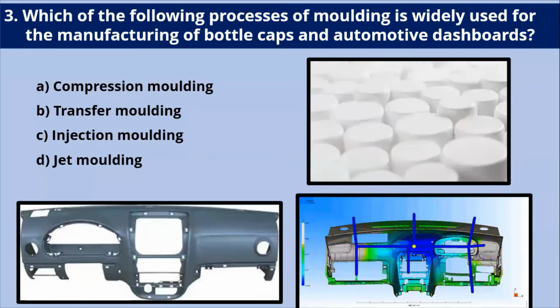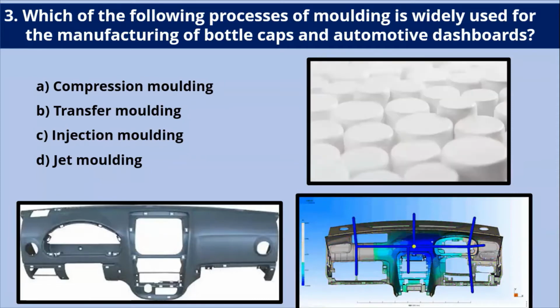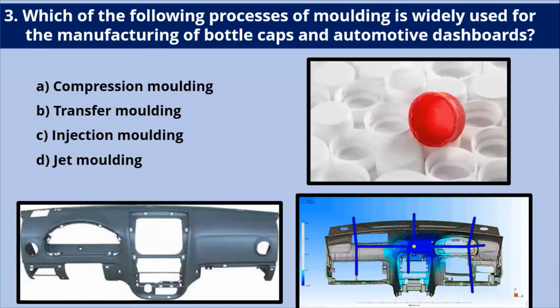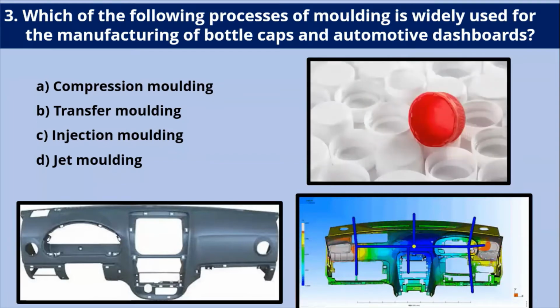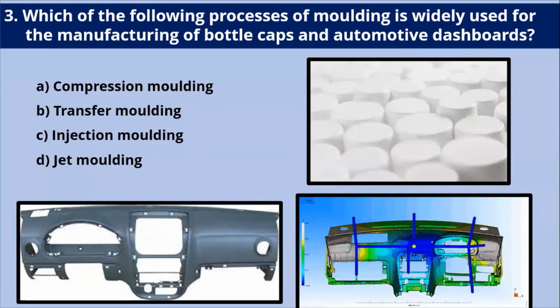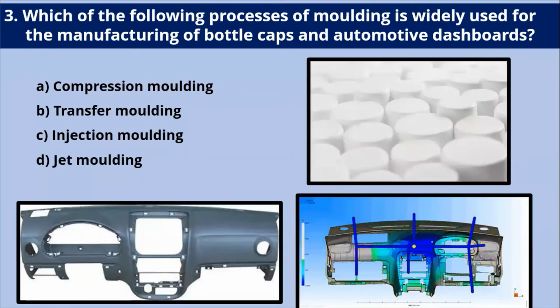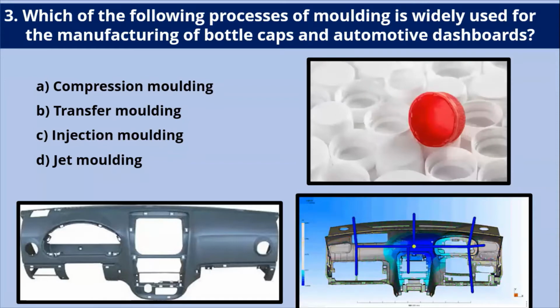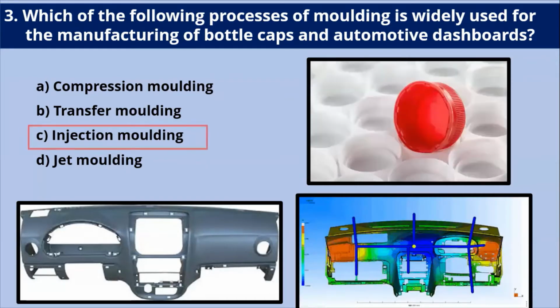In this process, the material is fed into a barrel of high temperature. Then by mixing, it is forced into the mold cavity where it solidifies and gets hardened. So it means that in this case, bottle caps and automotive dashboards are made through injection molding.